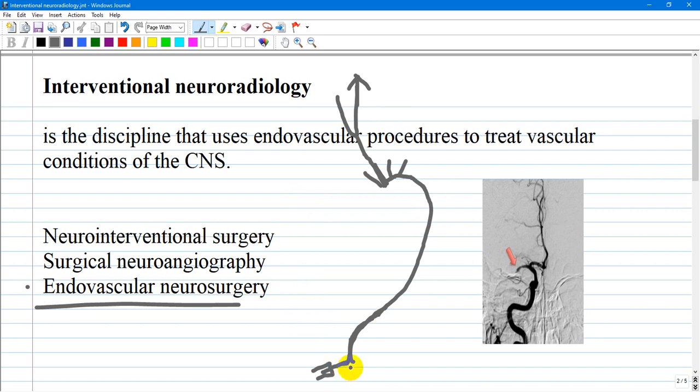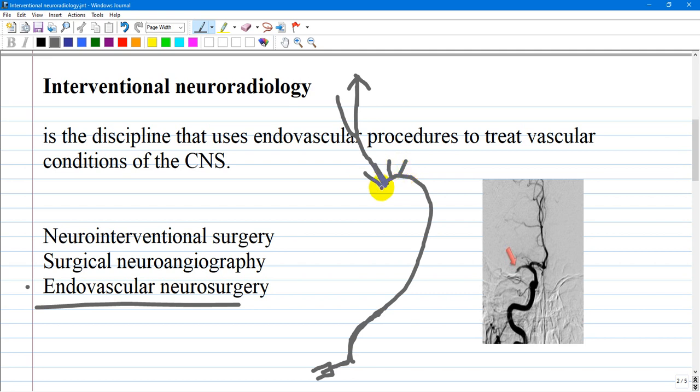The femoral artery is preferable because of the large size, and of course with a catheter or guide we go up to the aorta and come to the 5 arteries that go out of the aorta.